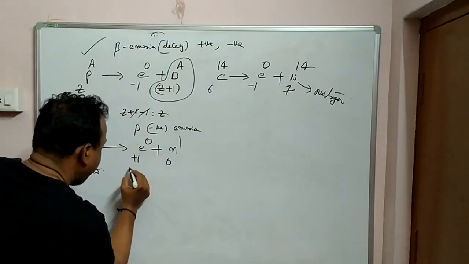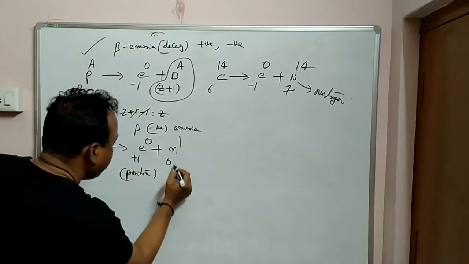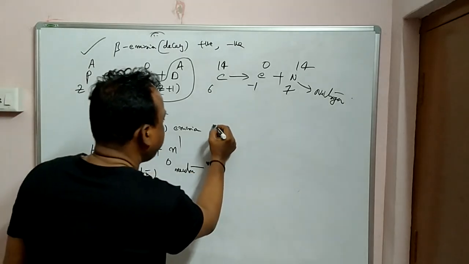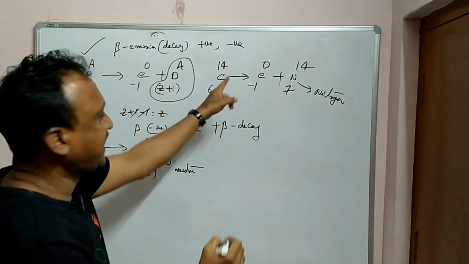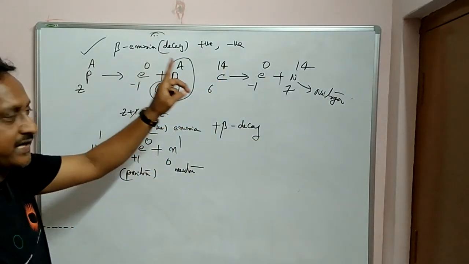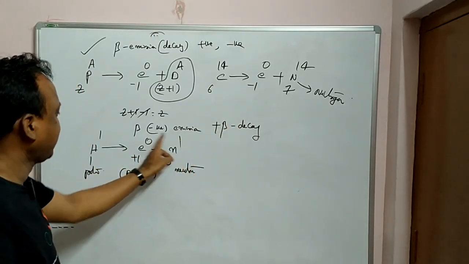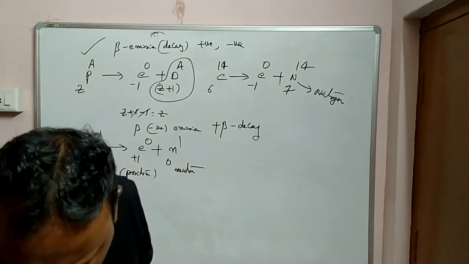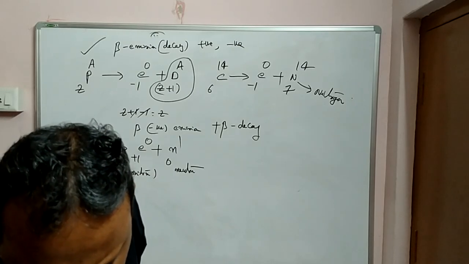So it is giving an antiparticle of electron, the positron, followed by a neutron. This can be taken as a positive beta decay, and this is negative beta decay. Here a proton gives rise to a positron, the antiparticle of electron, and a neutron n 0 1. Balancing the equation: 1 plus 0, 1, 0 plus 1. Like that you can explain the positive decay of the beta.